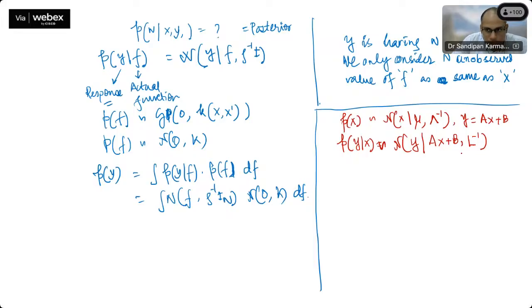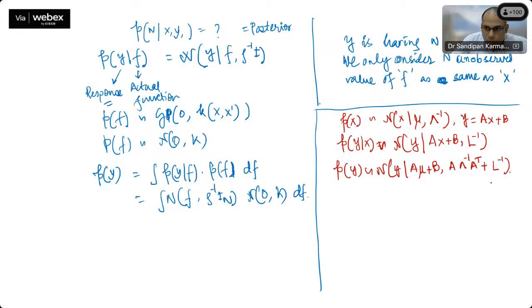If this is the conditional distribution, then p of y, the marginal distribution, will follow a normal distribution of y with mean a mu plus b, and variance a gamma inverse a transpose plus L inverse.